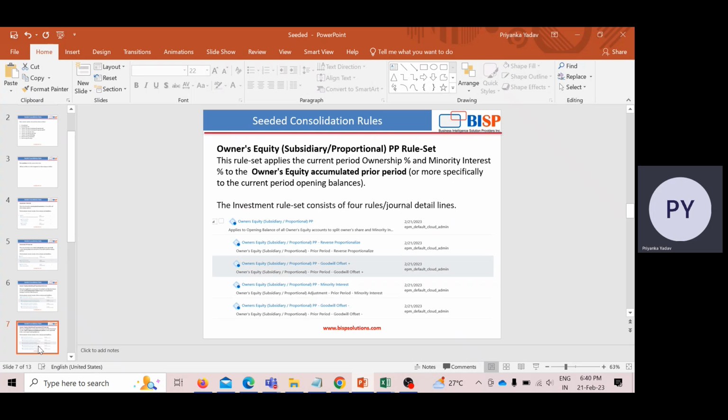So the prior period owner's equity should be eliminated to the extent the ownership percentage has changed from prior period. The rule set consists of four rules: reverse proportionalize, goodwill offset addition, you can see the plus sign over there, minority interest, and goodwill offset subtraction.